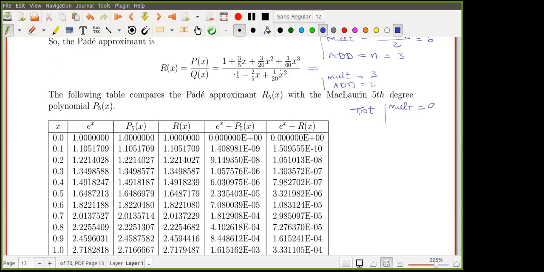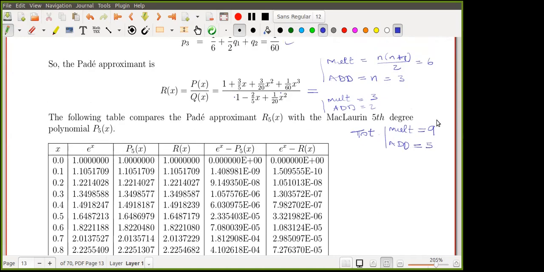There will be a total of 9 multiplications, and the total number of additions will be equal to 5. That is 3 plus 2. Okay, so we have 9 multiplications in total and 5 additions in total, theoretically.